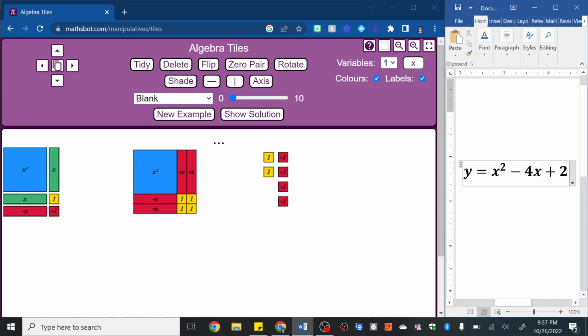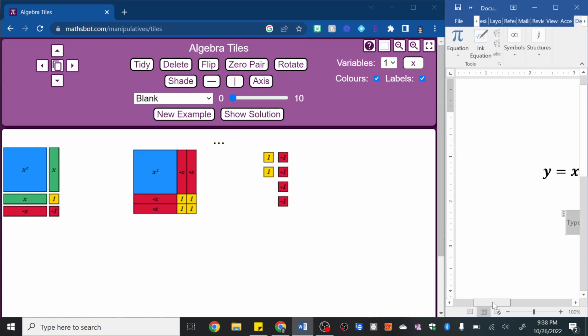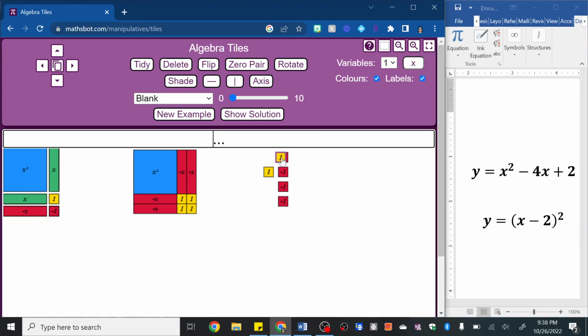So if I'm creating the vertex form now, based on my diagram, I'm just going to center my Word document again so we can see it. I have y equals the square that I've got there with dimensions x minus 2. Then if you look carefully at the single tiles that I have off to the right, notice how these 2 cancel each other out.